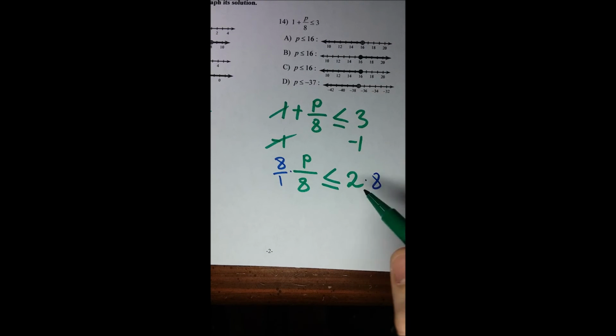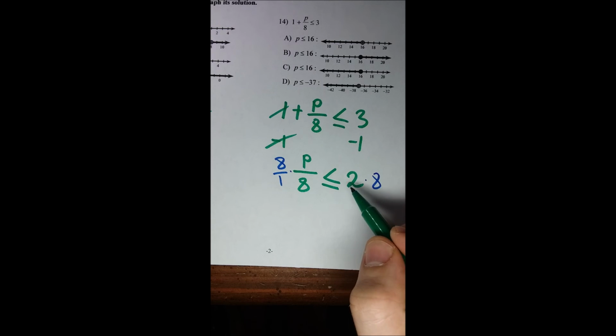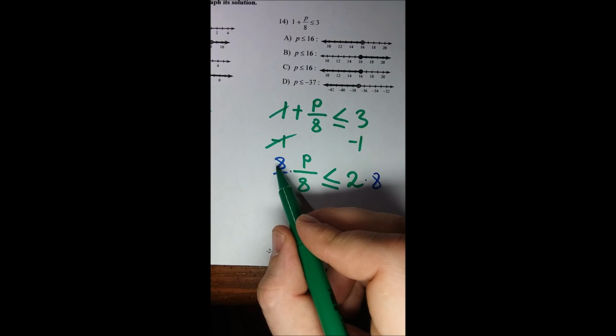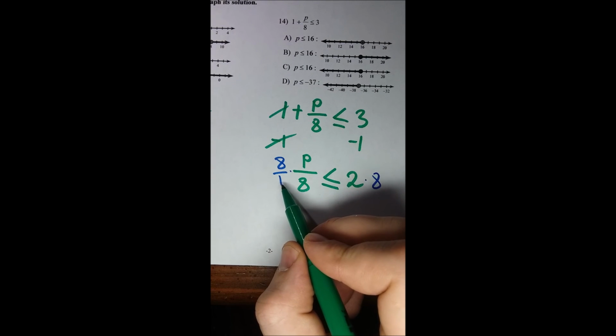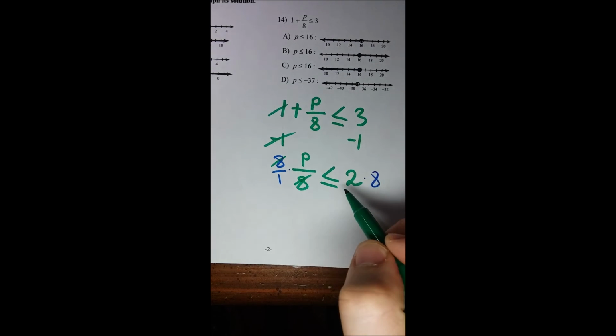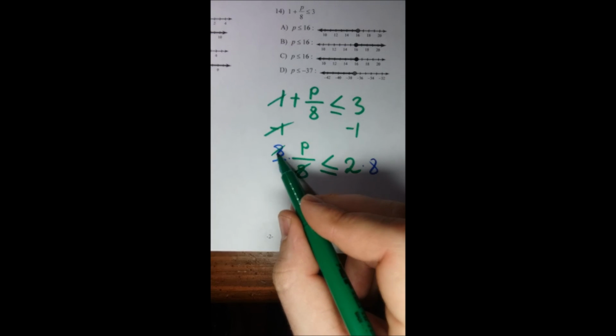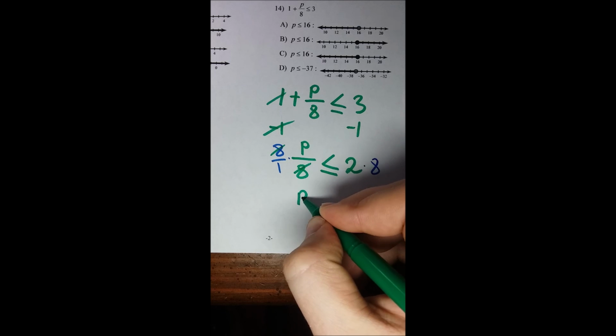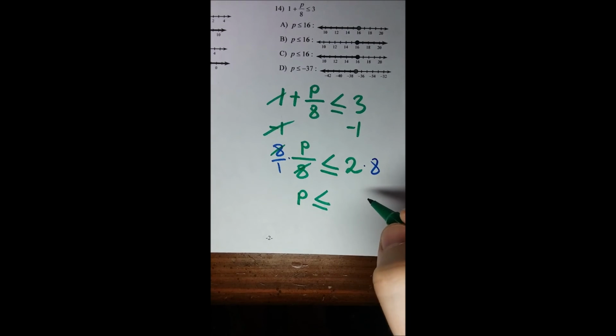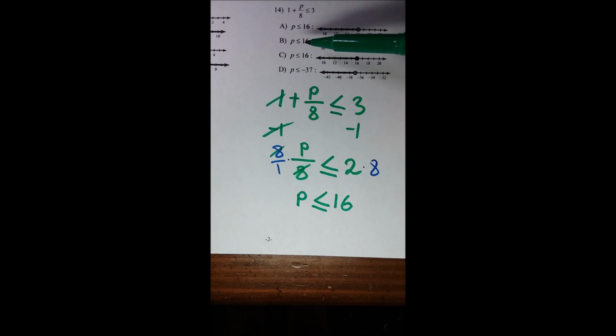I multiply the right by 8, and I multiply the left by 8 over 1 because it's a fraction here. So I want you to see what's happening. The numerator here cancels out with the denominator. p is less than or equal to 2 times 8, which is 16. p is less than or equal to 16.